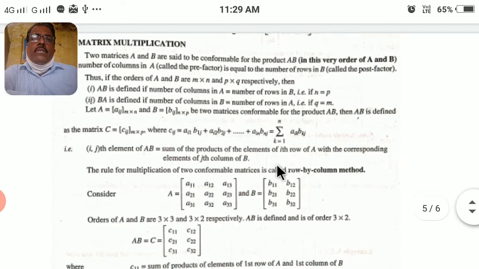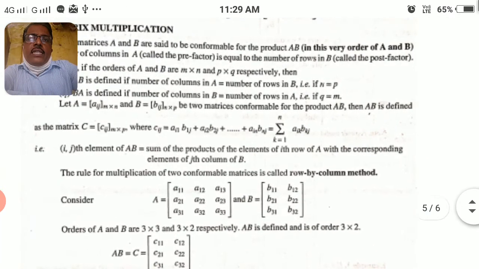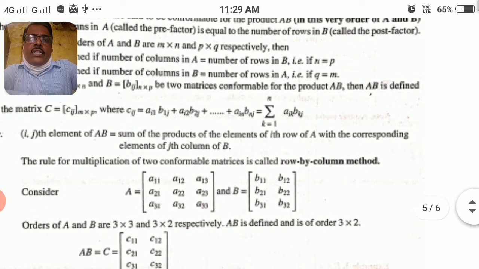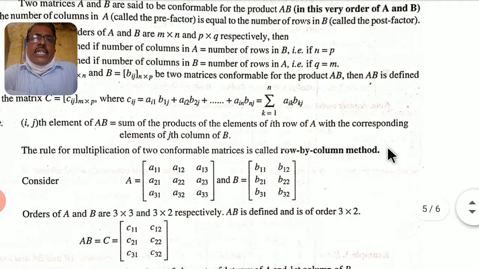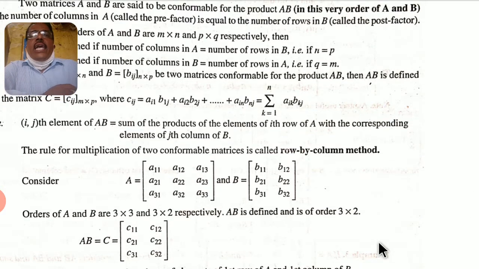How to multiply two matrices? Now see here, suppose A and B are two matrices.